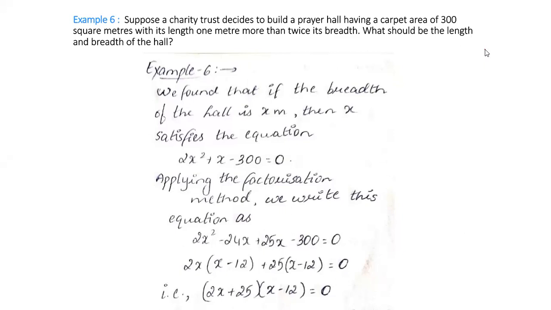Suppose a charity trust decides to build a prayer hall having a carpet area of 300 square meters with its length 1 meter more than twice its breadth.